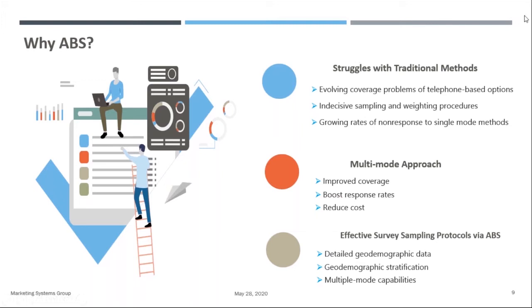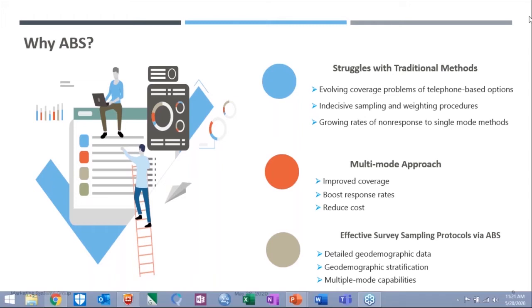Because of the coverage issues, the sampling and weighting procedures that have been in place for these methods have become fairly indecisive and fuzzy. And to top it off, as you all know, non-response is becoming a more and more serious problem as response rates are diminishing.